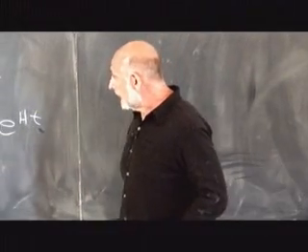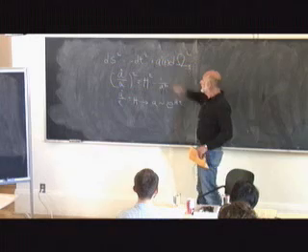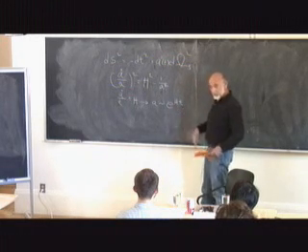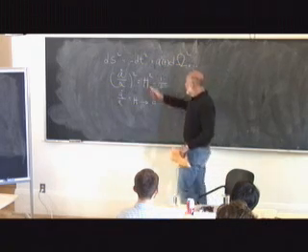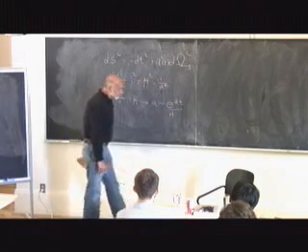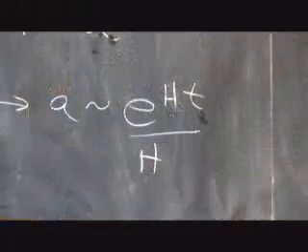This doesn't quite make dimensional sense. From this formula here, A has units of a length. e to the Ht is dimensionless. To make it dimensionally consistent, we could put a factor of 1 over H in here, but it's not very important.